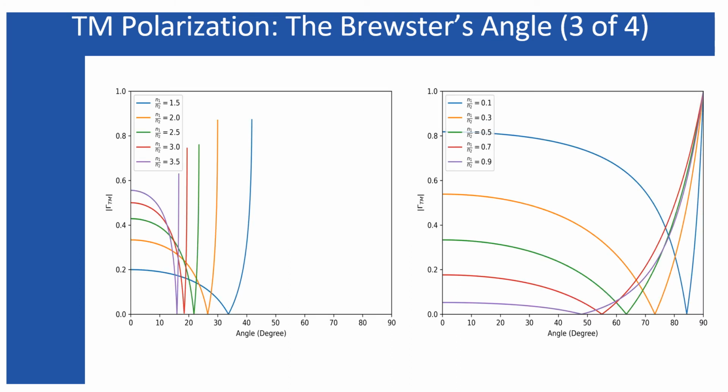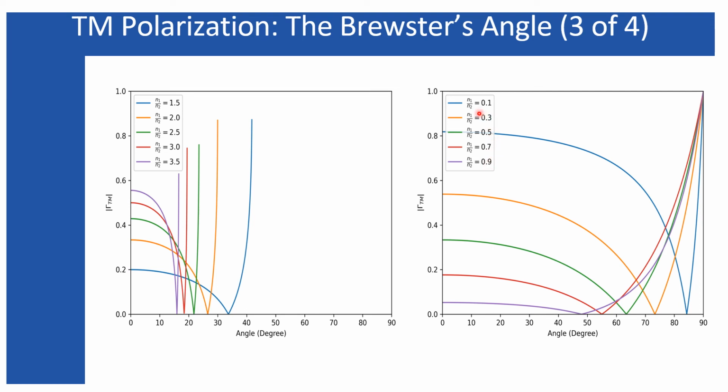Here I have represented these two figures in order to make you understand the phenomenon of total transmission based on the Brewster's angle. So first consider this figure where the ratio n1 to n2, that is the ratio of refractive indexes of medium 1 to medium 2, is less than 1, starting from 0.1 to 0.9.